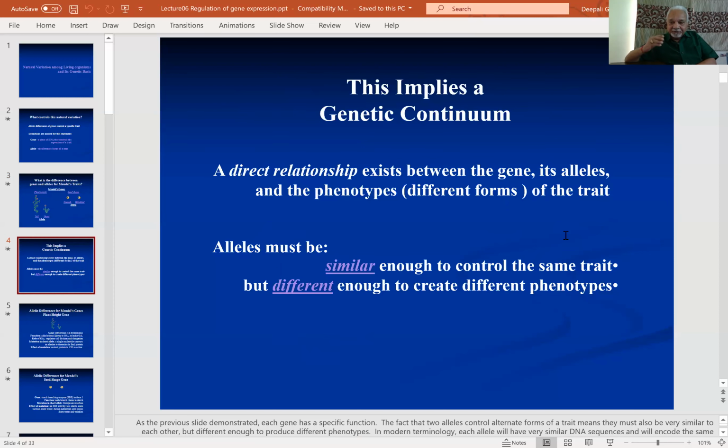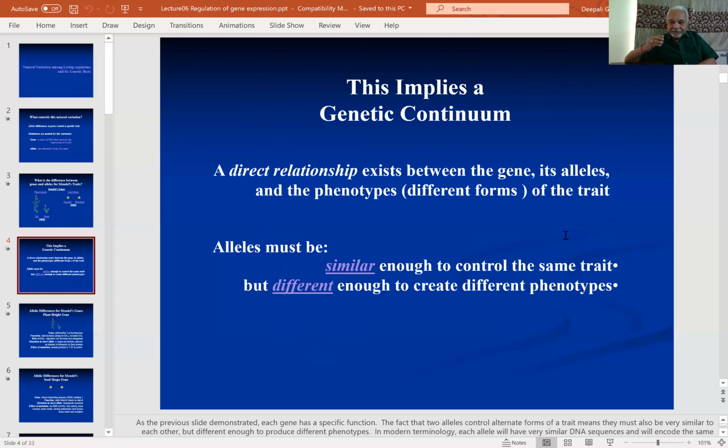So these are the alleles which are similar enough to control the same trait in terms of height and the shape of the seed coat, and different enough to give different phenotypes. They are controlling the same trait, but different enough to give different phenotypes.